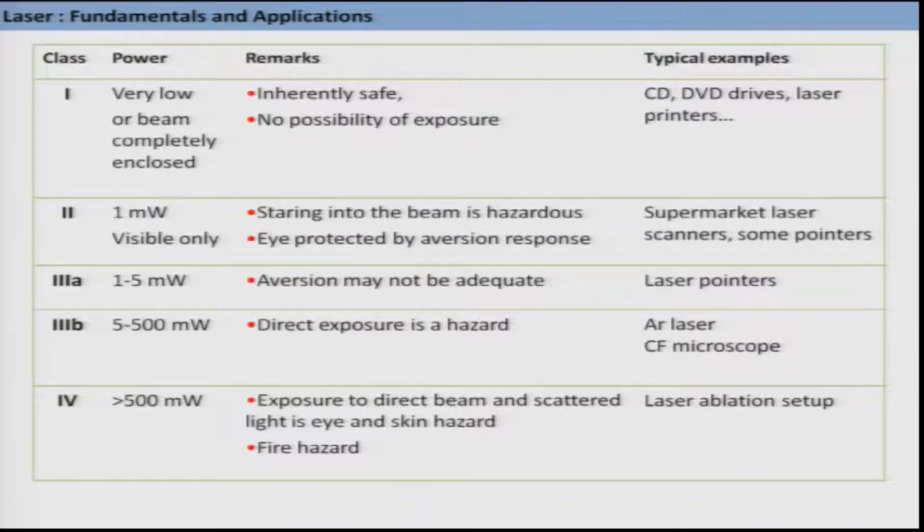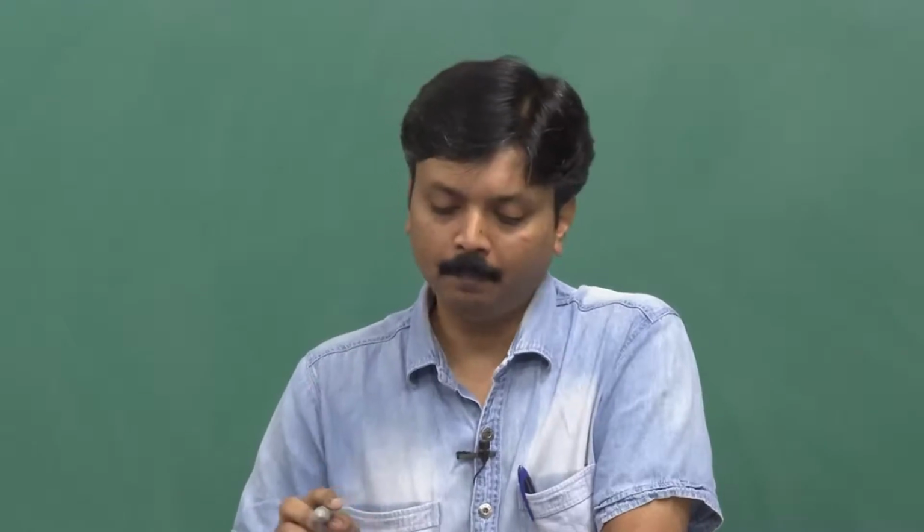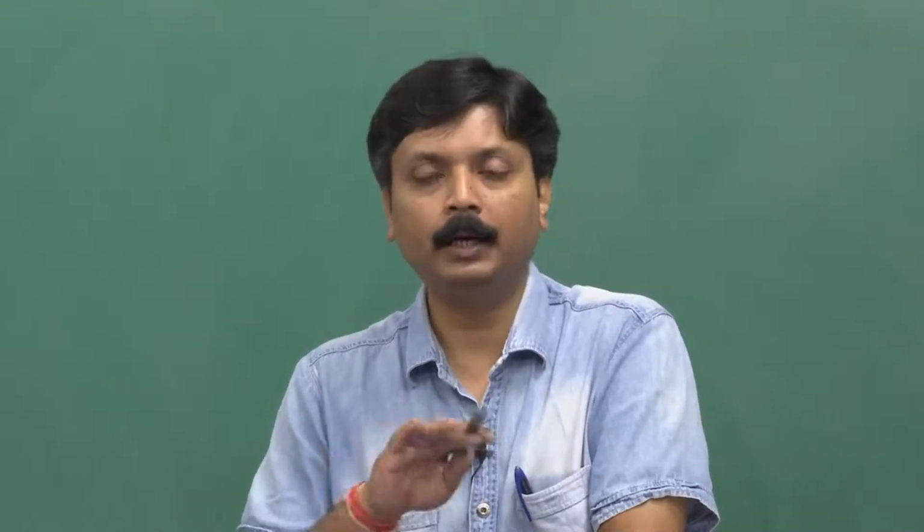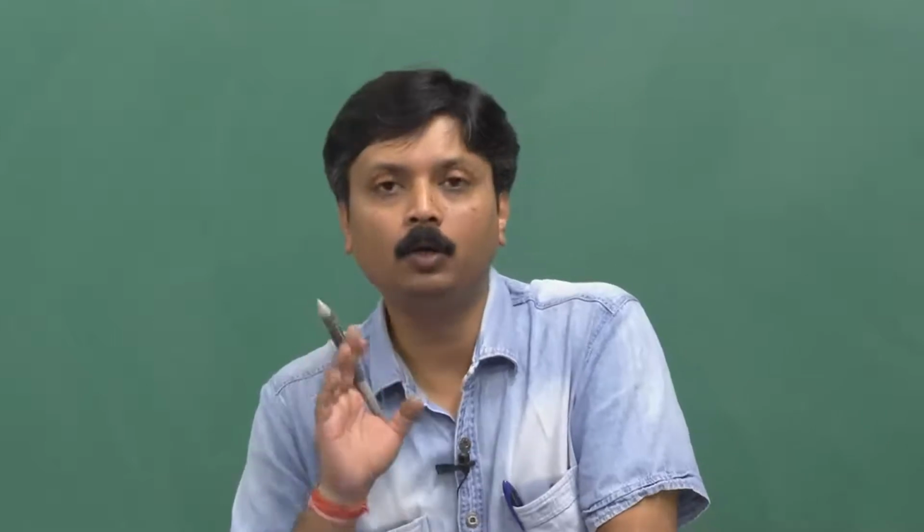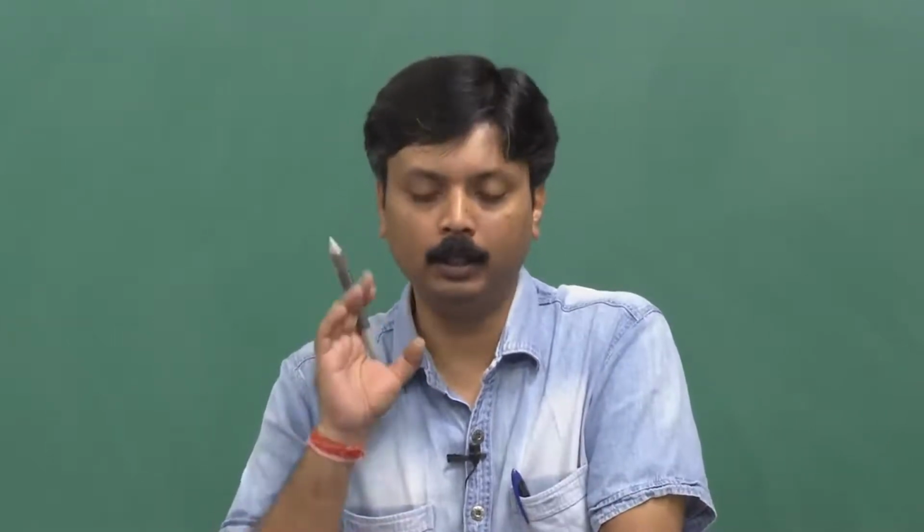One should not look into class 2 lasers. These lasers are used in supermarket laser scanners and in some pointers used for seminar presentations, and you should not look into these laser sources as they can damage your eyes. You had better use suitable goggles to protect your eyes.